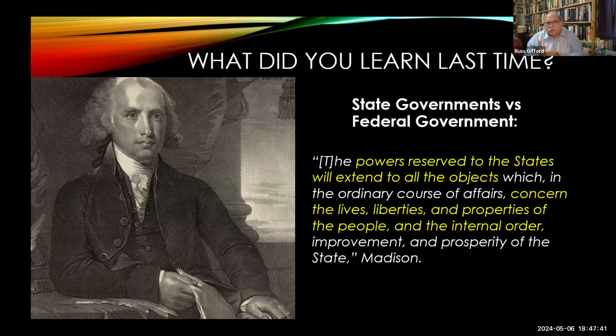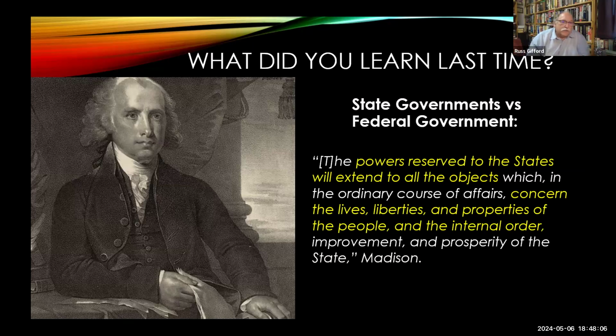But here's what this guy that we see pictured here had to say about it. The powers reserved to the states are all those objects that concern the lives, liberties, and properties of the people, and the internal order, the improvement, and prosperity of the state. And the guy who wrote that was James Madison, the guy who really largely wrote the federal Constitution.